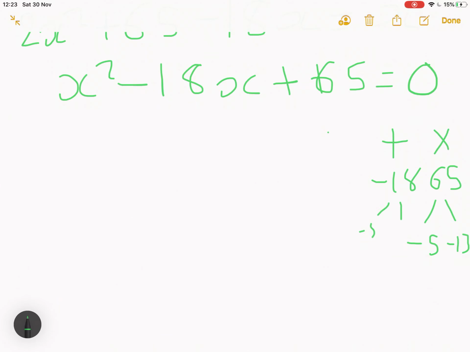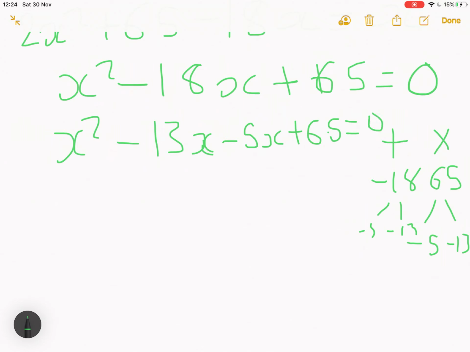So then you would substitute these numbers in, so it'd be x squared minus 13x minus 5x plus 65 equals 0.